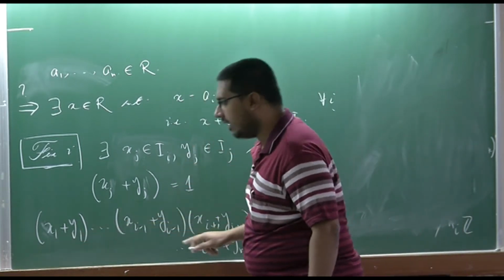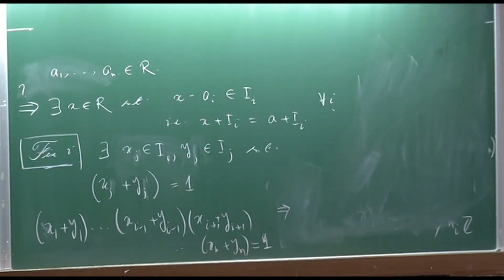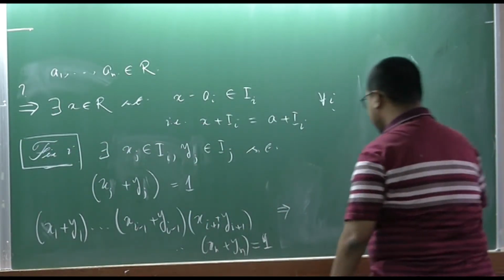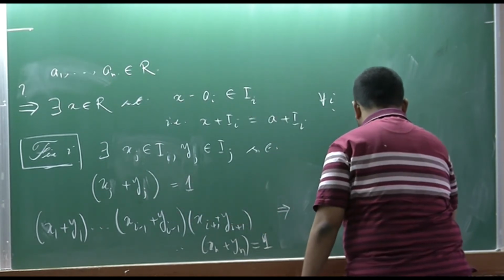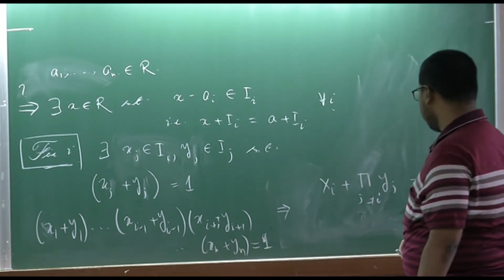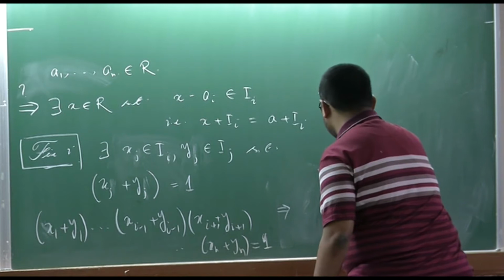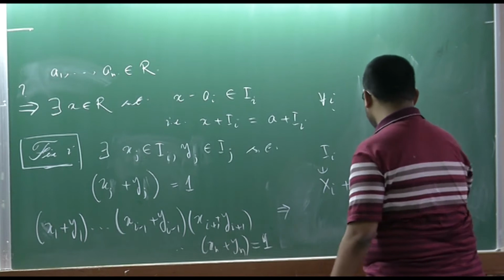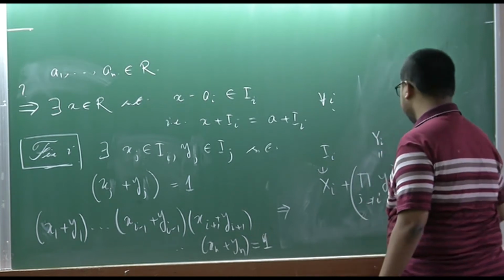So, in any term where some xj appears, it is going to be inside Ii. So, what we obtain from here is x plus this product of yj's equals 1. Okay. So, x is basically all the other terms, and it is clear that this belongs to Ii. And then this quantity let us denote for the time being by capital Yi.